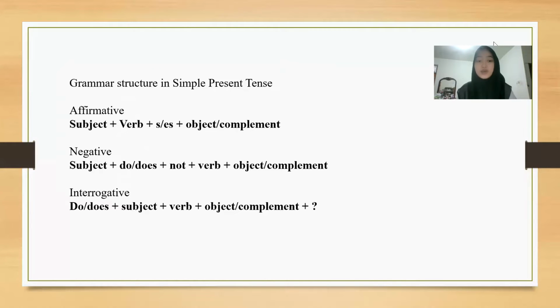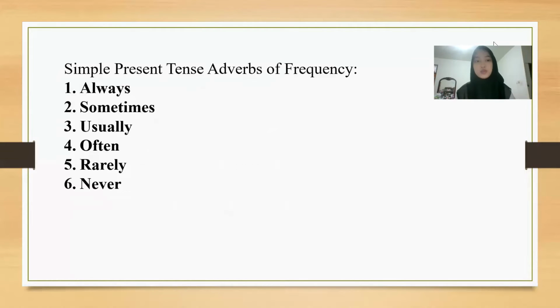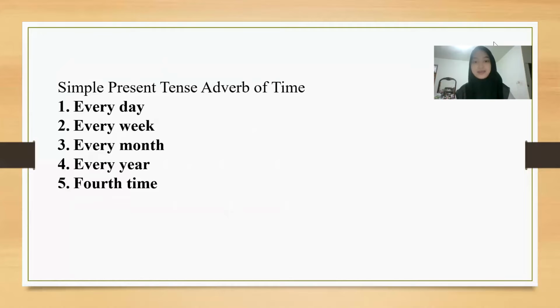And for the interrogative structure, the form is do or does, then subject, verb, object or complement, and then question mark. Okay, so let's go back to the simple present tense adverb of time.